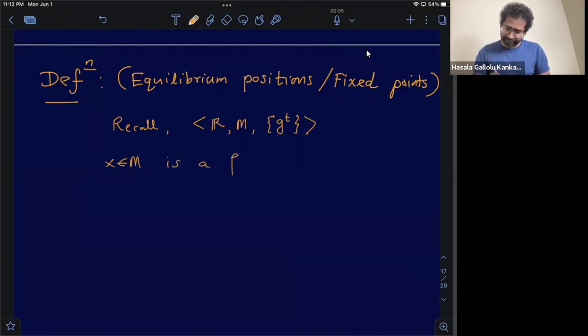X is a fixed point or equilibrium position or equilibrium phase. You can call it equilibrium phase because phase space has phases, right? So I will simply call it a fixed point. This is called a fixed point if you have this condition.